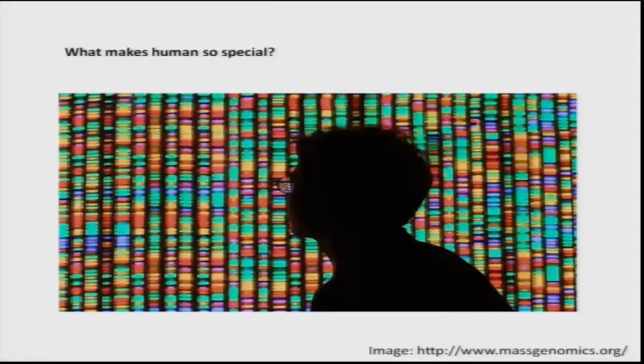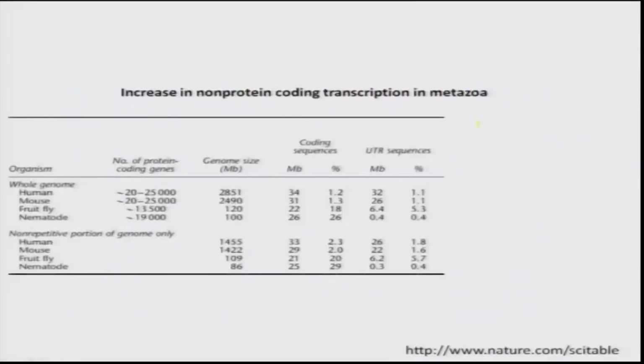Then people thought it could be the number of genes, that you could have more genes as compared to other species. That is what is shown here. With the sequence of the genome, we predicted the number of genes that we have. For human and, for example, the mouse, we roughly calculate about 20 to 25,000 genes.